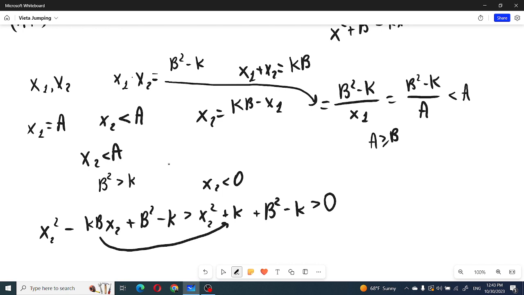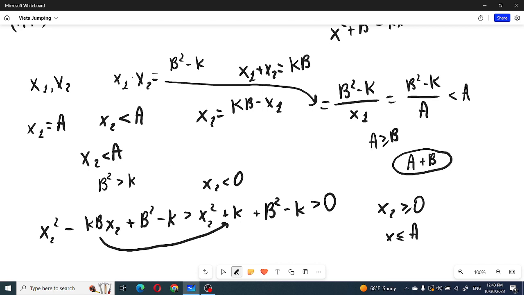So we have proved that x2 must also be a non-negative integer, and x2 is also less than a. So we have found a solution which has a smaller sum than a plus b. So we get the contradiction that a plus b was the pair with the minimal sum.